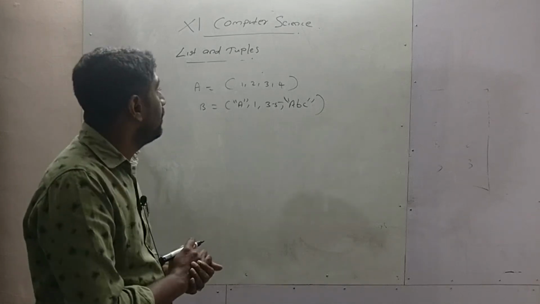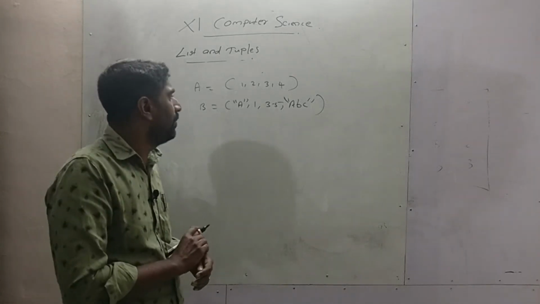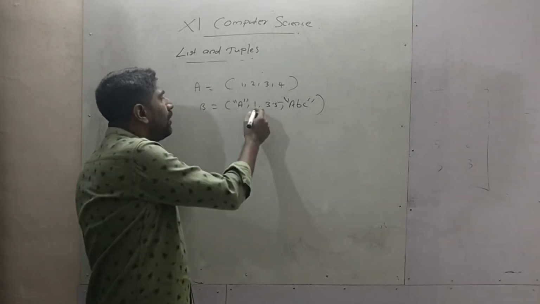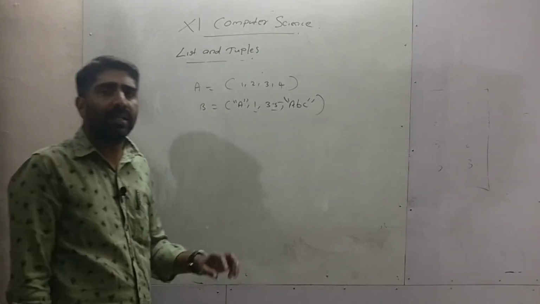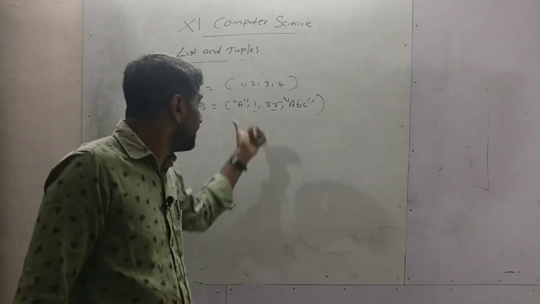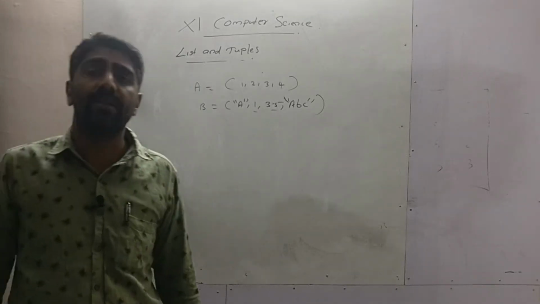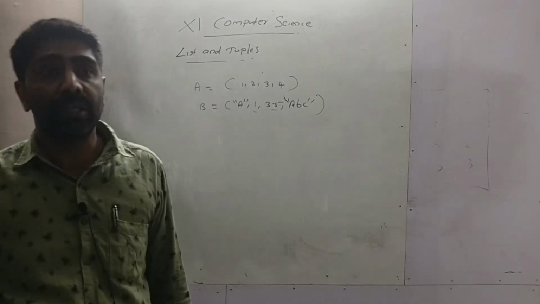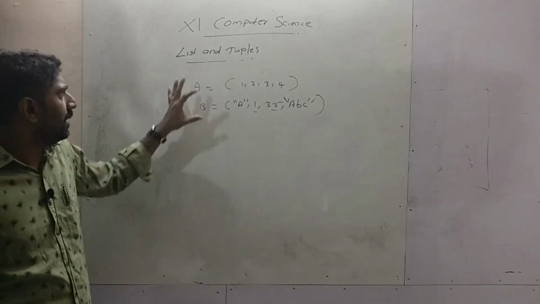Immutable means we cannot change the elements of a tuple. So the tuple is immutable. Clear?